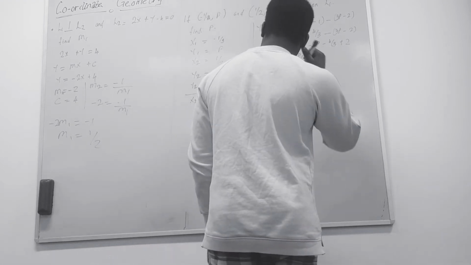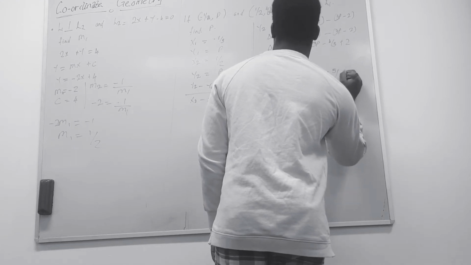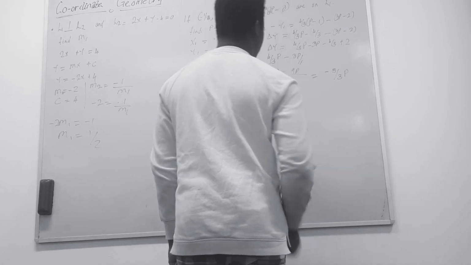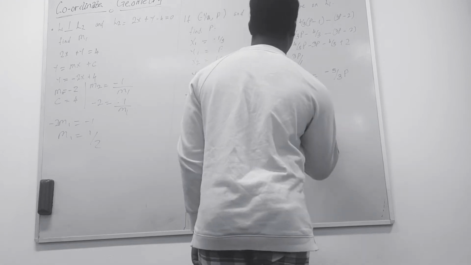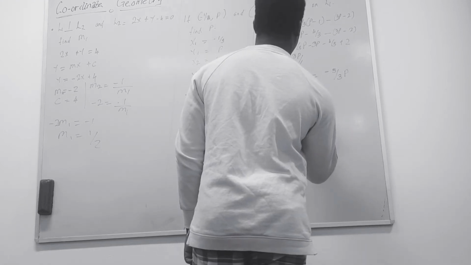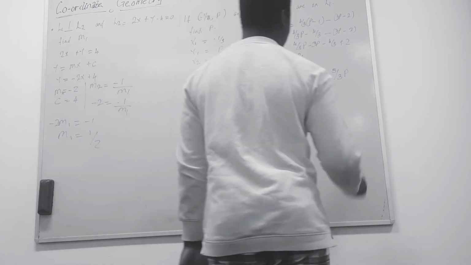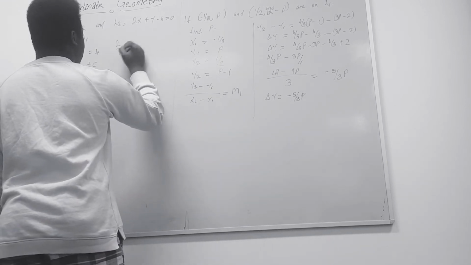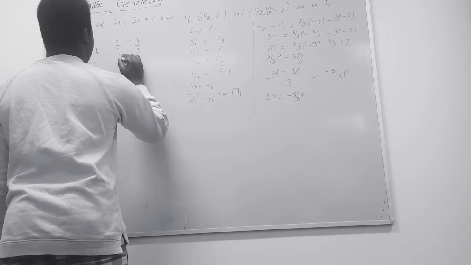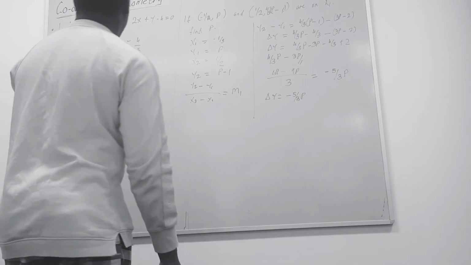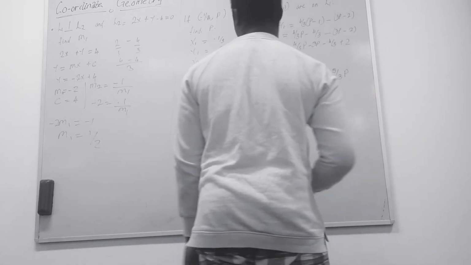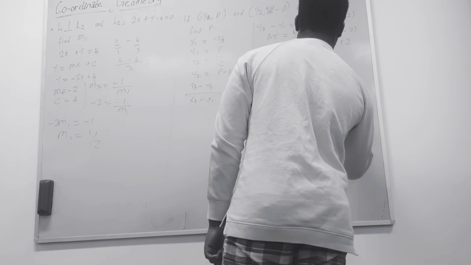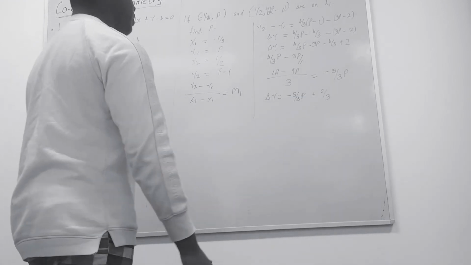Okay, so we have equal to minus 5 divided by 3 P. So we have that delta y is equal to minus 5 divided by 3 P plus 2 minus 4/3, that's 6 minus 4, so that'll be 2/3. So that'll be delta y.